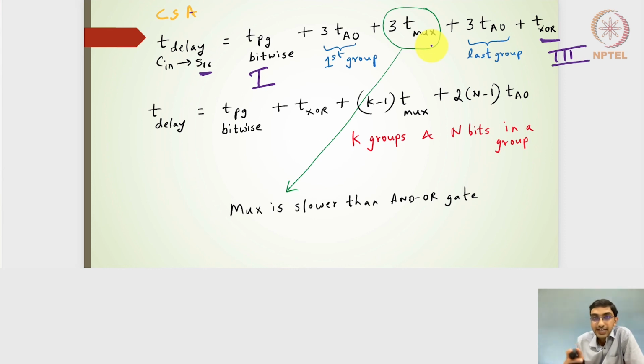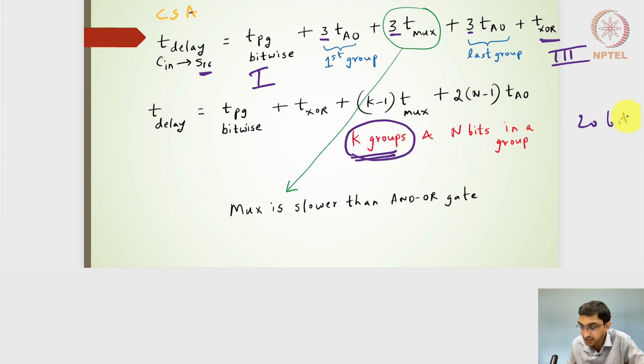In fact, all these are three blocks because we have four groups and each group is of 4 bits. So I can actually make K groups, and even asymmetric groups, asymmetric in the sense of groups having different numbers of bits. If there's a 20-bit addition, then I can have 5 groups of 4 bits each, right?